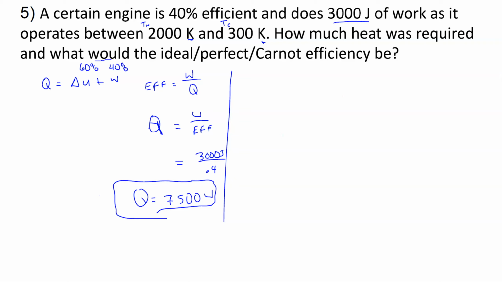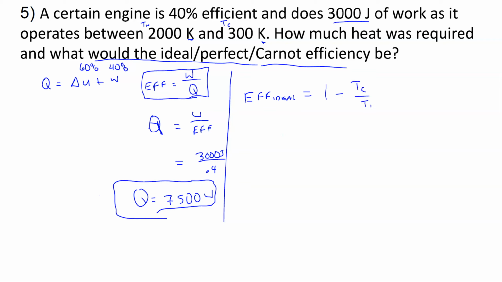The second one here, what would the ideal efficiency be, or the Carnot efficiency? Remember that we had a second efficiency thing. This is the absolute efficiency, if you will. The ideal efficiency, just kind of a ballpark figure to say what's the best we could ever hope for out of this, was 1 minus T sub C over T sub H, the cold temperature and the hot temperature.